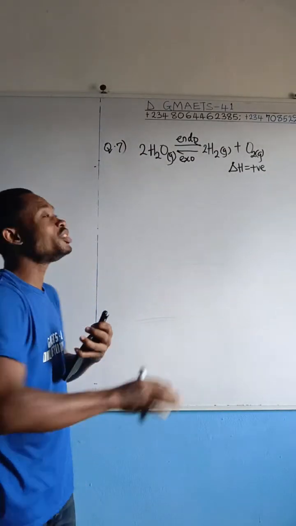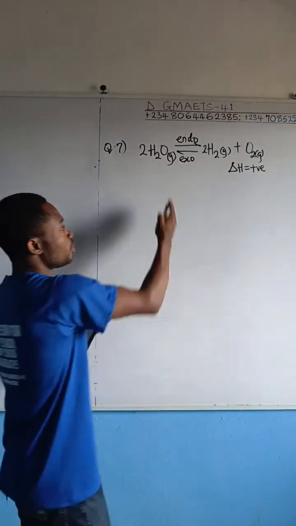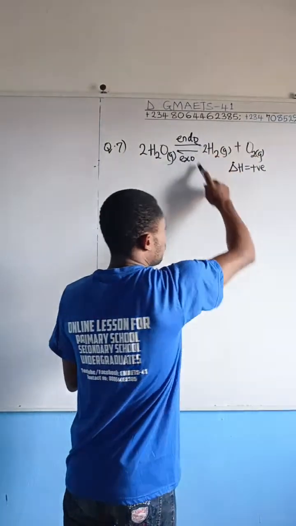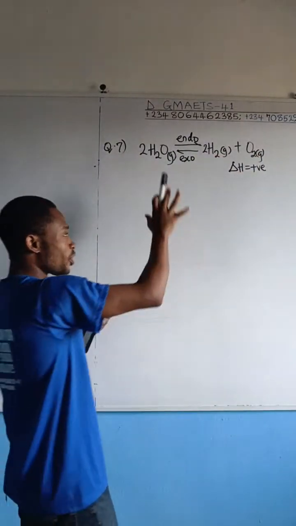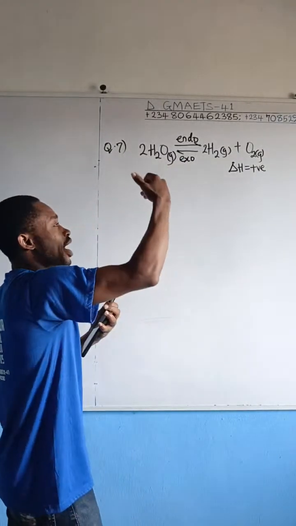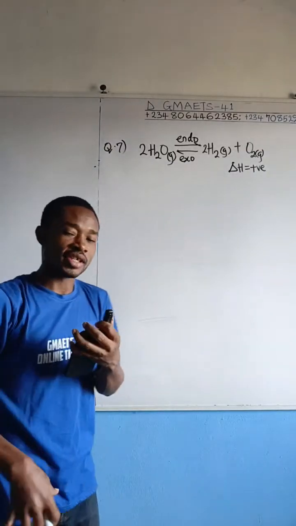For this to happen, the equilibrium will have to go to the forward reaction so as to favor the production of the products. When the products are being produced and their concentration increases, the reactant will decrease.